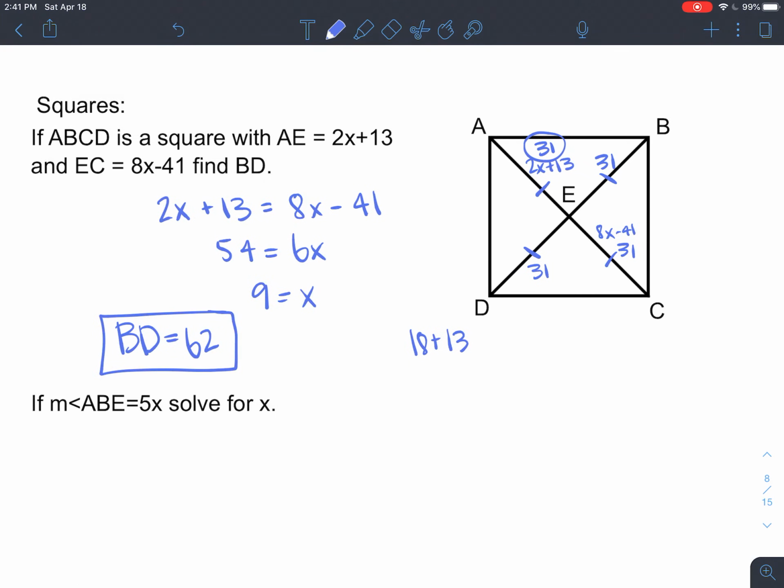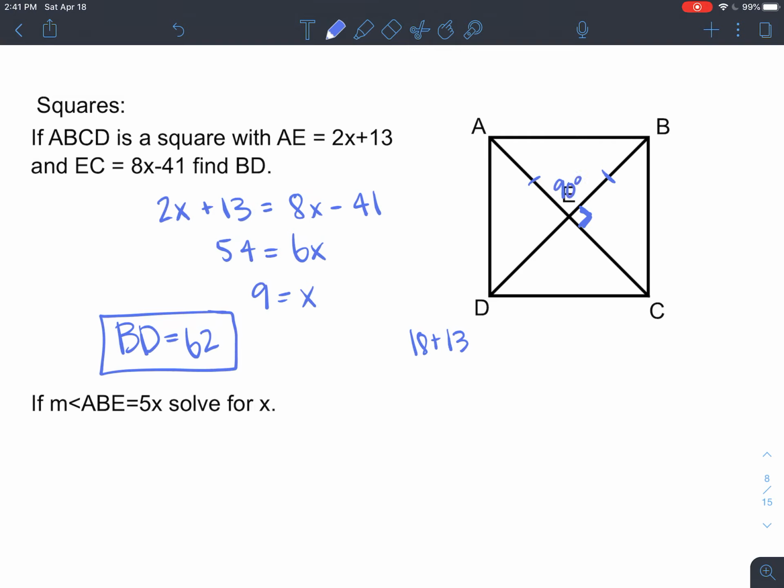And the measure of ABE is 5x. Solve for x. So I'm going to go ahead and erase this work over here. Remember that this is a square, so I'm going to have a perpendicular where the diagonals meet because a square is always a rhombus, and I'm going to have an isosceles triangle.